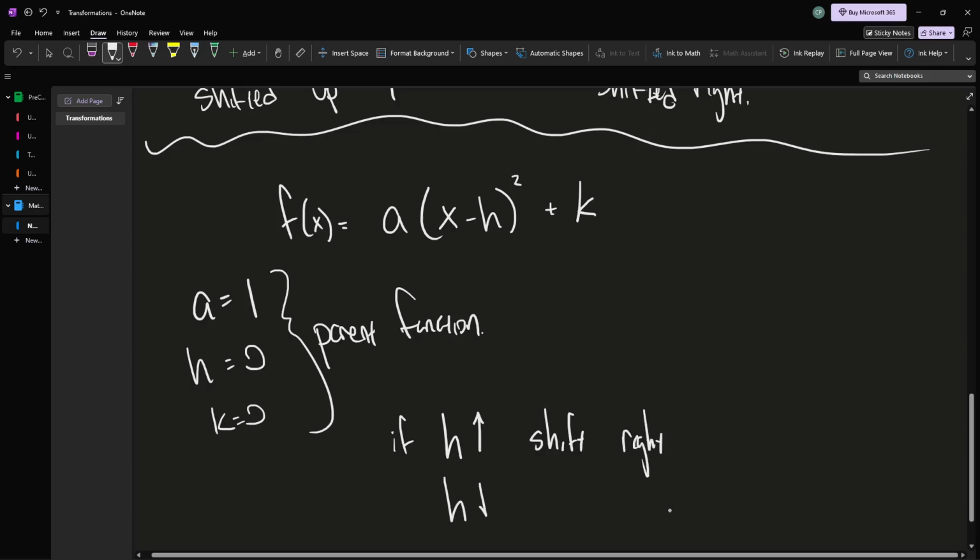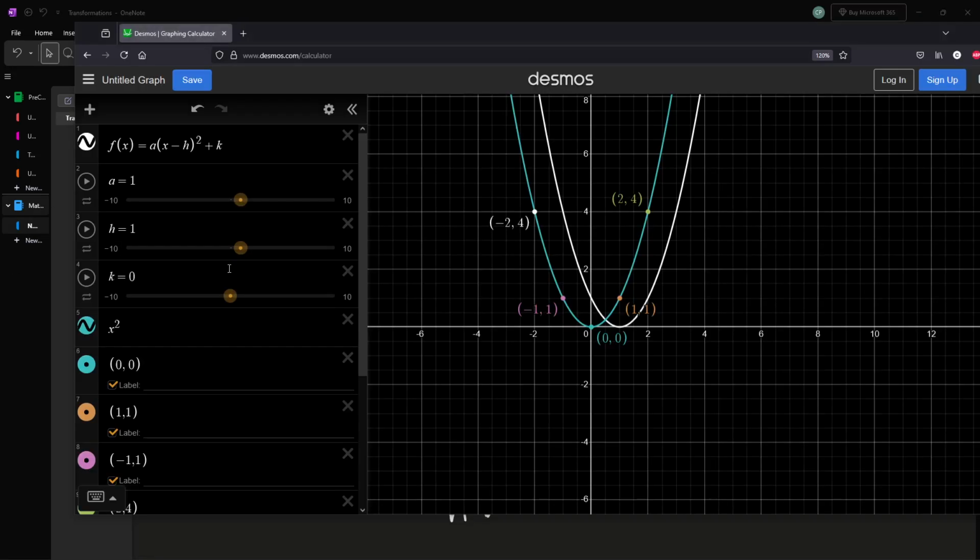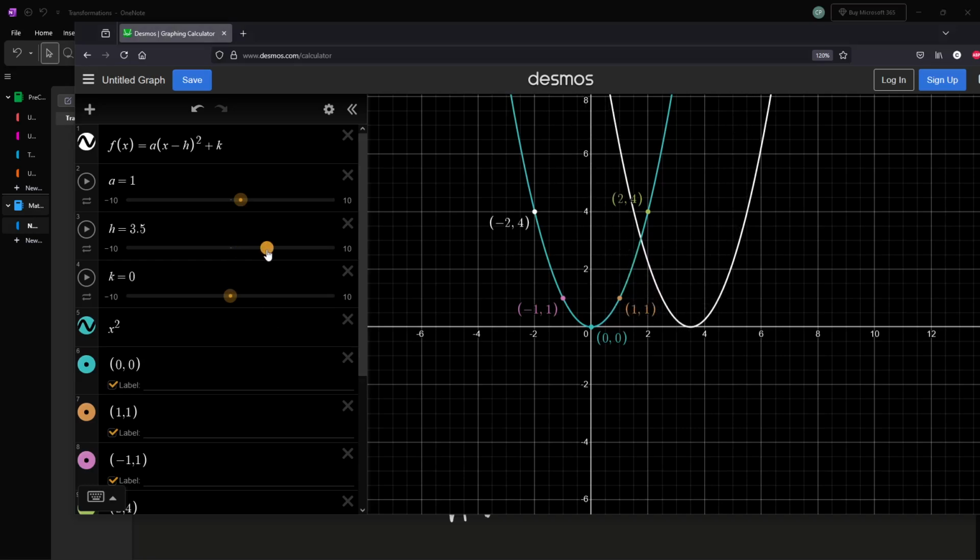If h decreases, I shift left. And this is very, very important. One thing that we want to notice is that we want to keep it as positive to the right, negative to the left. And that's why this negative is here. That negative, I'm subtracting h.